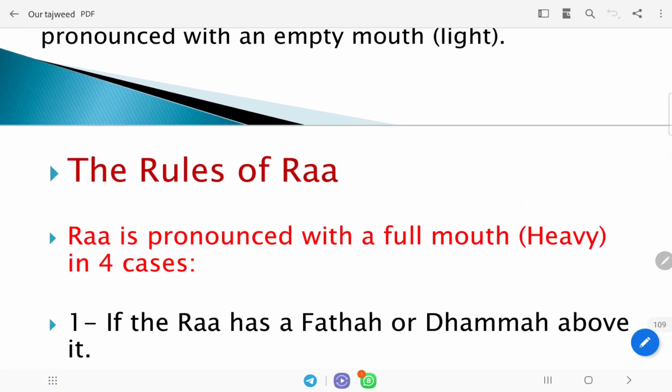The last letter, which is sometimes heavy and sometimes light, is the ra letter. Ra is pronounced with a full mouth, which means that the ra is heavy in 4 cases.